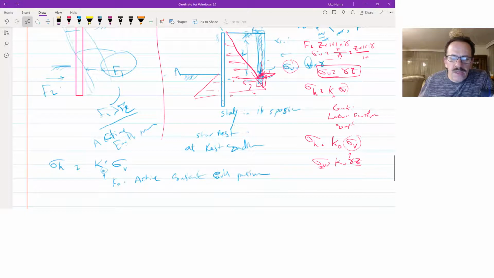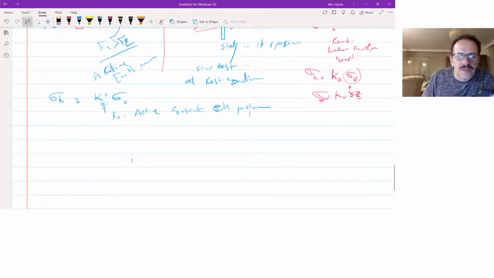Now, what is Ka equal to? It will depend on the internal friction of the soil.